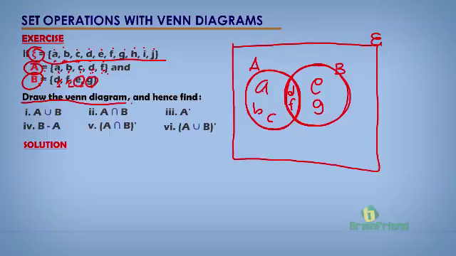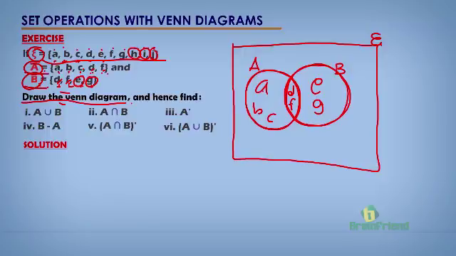If we take a look at the elements listed so far in our sets A and B, we have A, B, C, D, E, F, and G. It means therefore that the elements H, I, and J that are elements of our universal set are not found in the sets A and B. Therefore, since they are found within the confines of our universal set, but not in A or B, they will be written outside of the borders of our sets A and B.